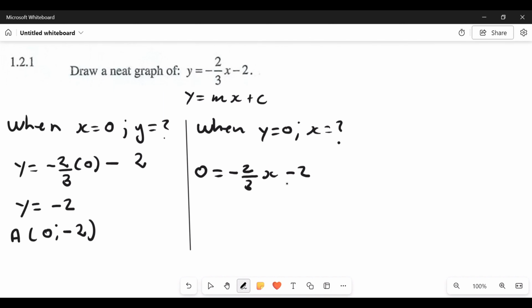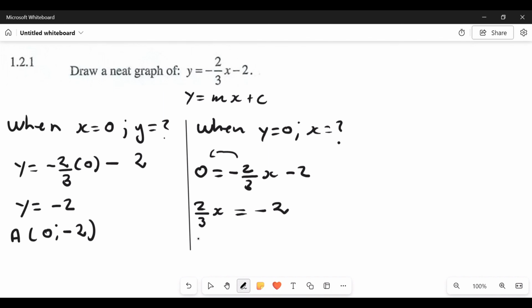What we do here is transpose. So let's transpose this term, negative 2 over 3 multiplied by x, to the left-hand side. When you take this to the left-hand side, it becomes positive 2 over 3 x. All this is equal to negative 2.